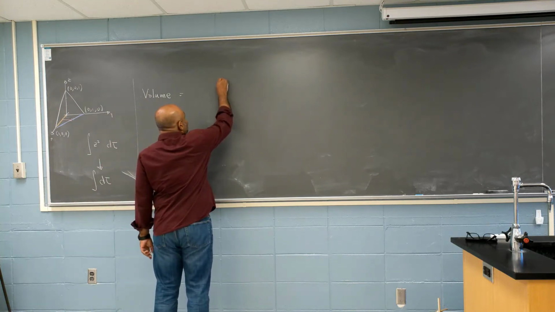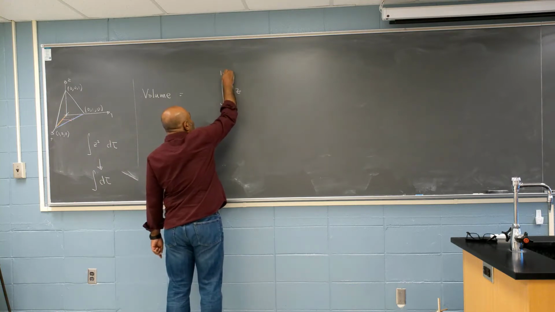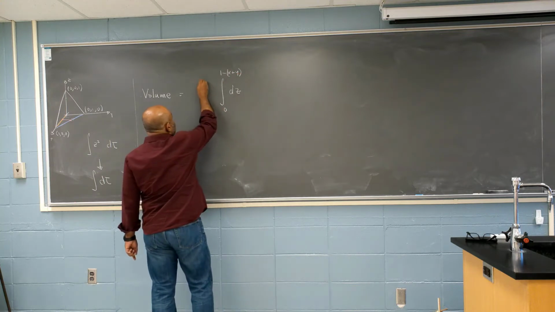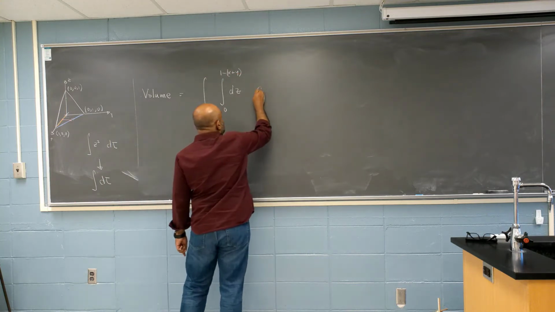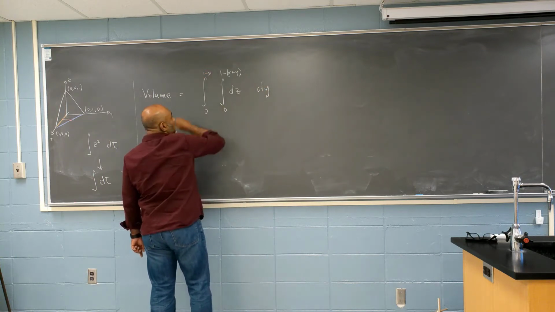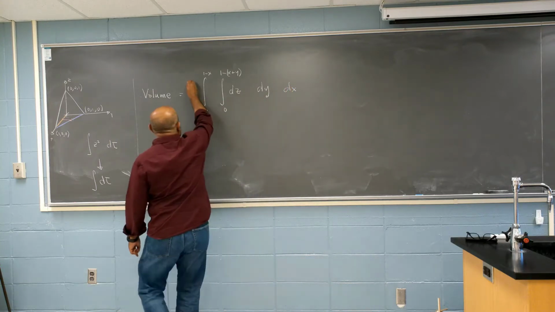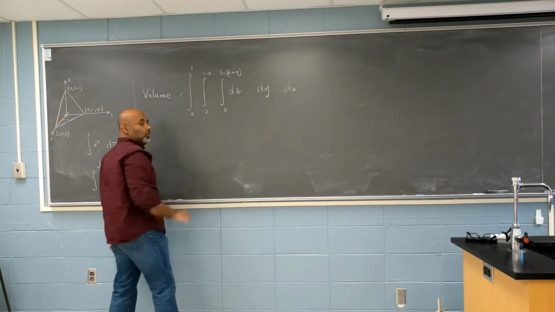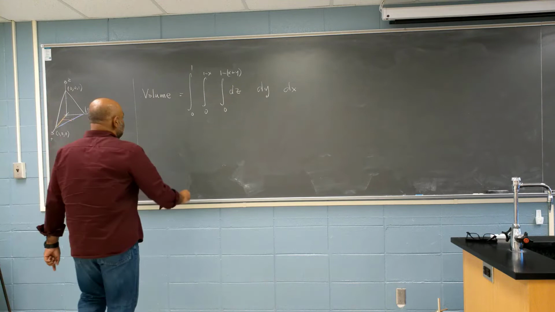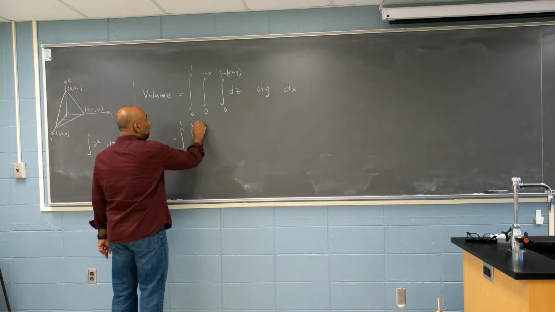So I'm going to do dz first, and I go 0 to 1 minus x plus y. Then I'm going to do dy, 0 to 1 minus x. And then I'm going to do dx, 0 to 1. All right, so I'm going to do the first integral first.